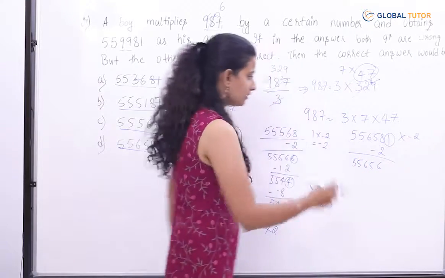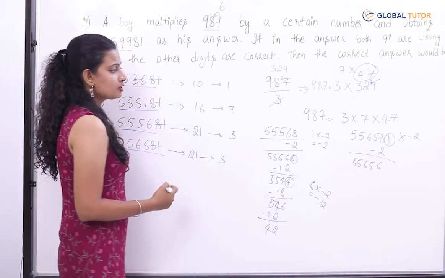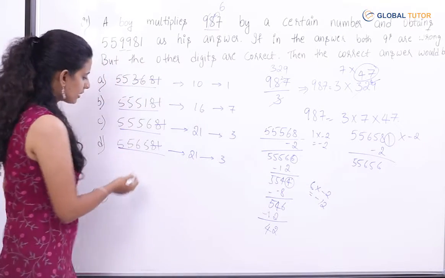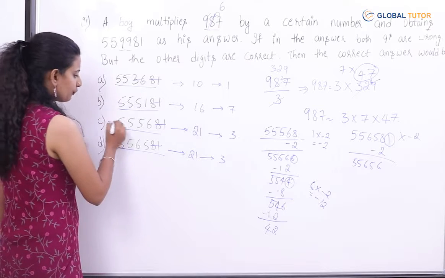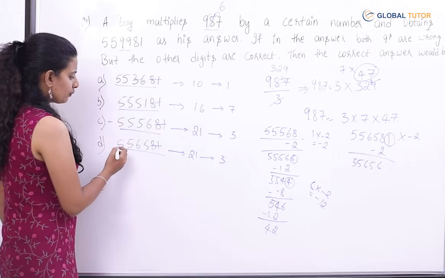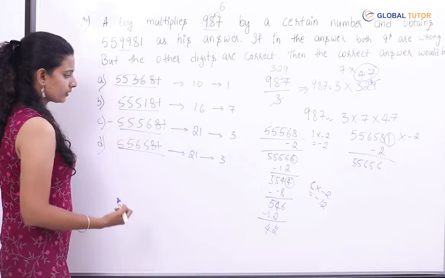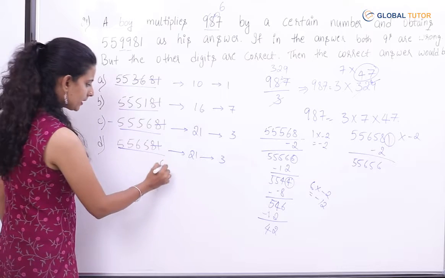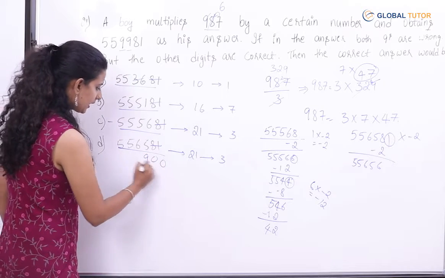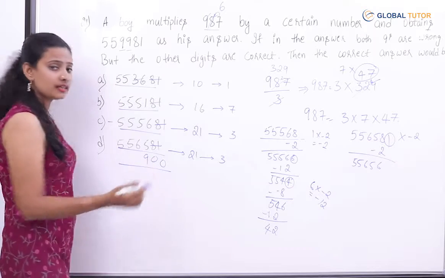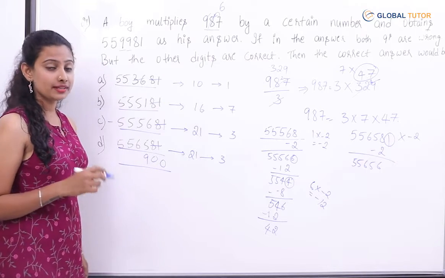But wait, here the numbers are very similar. So what can you do? You can straight away subtract 555681 from 556581. So you can easily make out the difference is 900, right? And 900 is not divisible by 7.